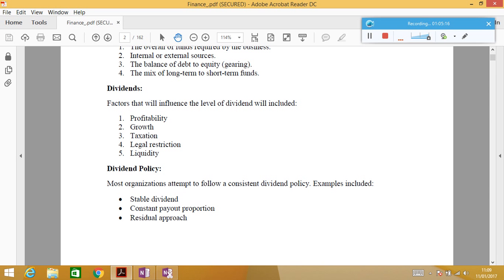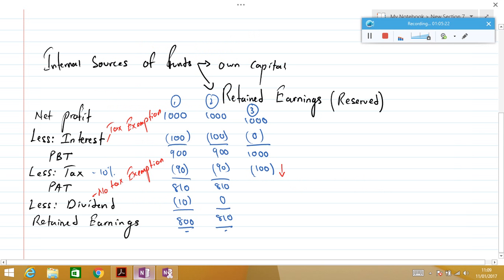Now, any question here? Any question about the tax part? So what's interesting about tax?